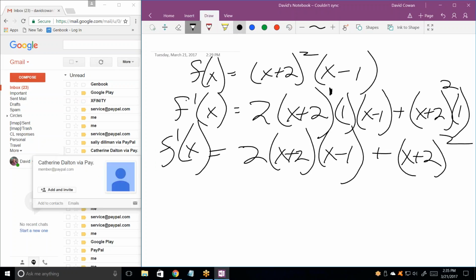Critical points are equal to what? Well, it's where the first derivative is equal to 0 or where the first derivative is undefined.